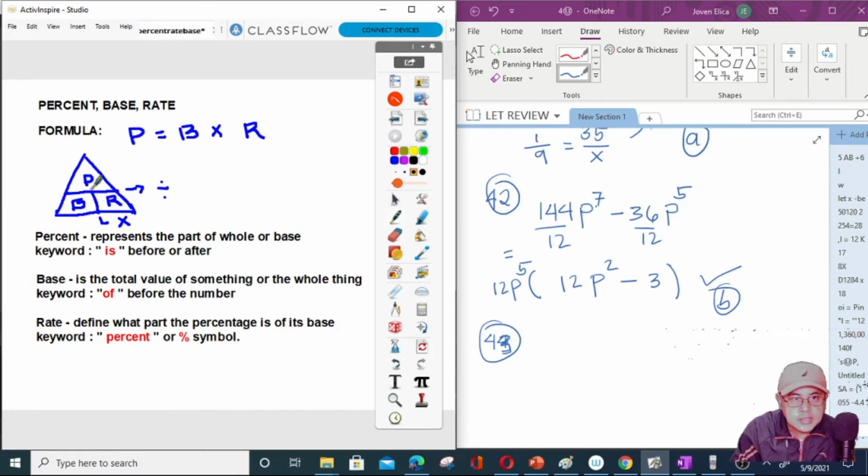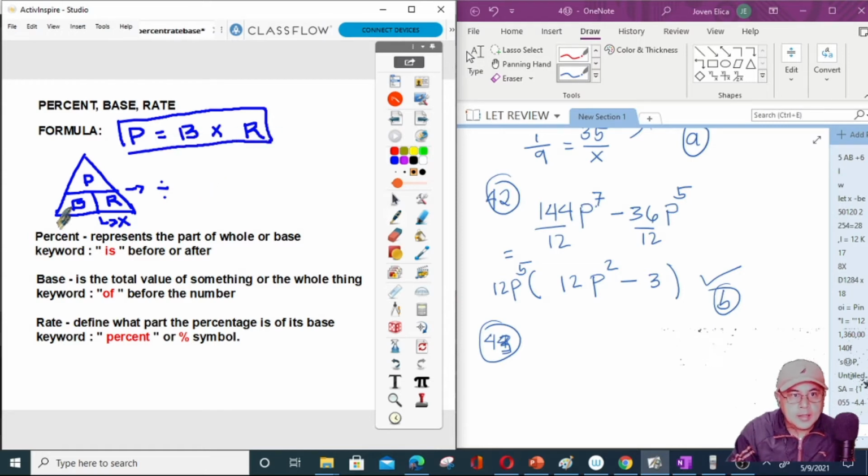That means P is always at the upper, and if you're going to get P, P is equal to B multiplied by R, because this represents multiplication. So this is the original formula.